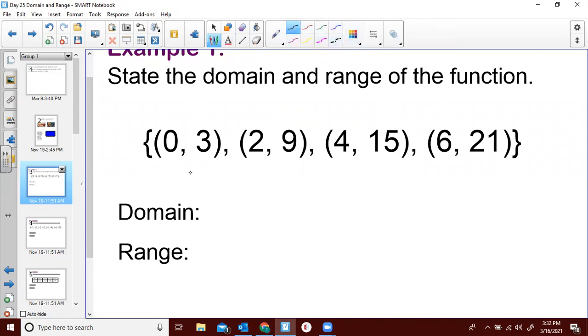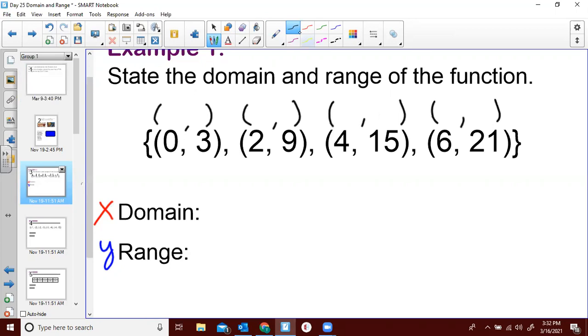All right, first thing I want to do is remind you guys that domain is X and range is going to be Y. So all we have to do is get our coordinate pairs set up.